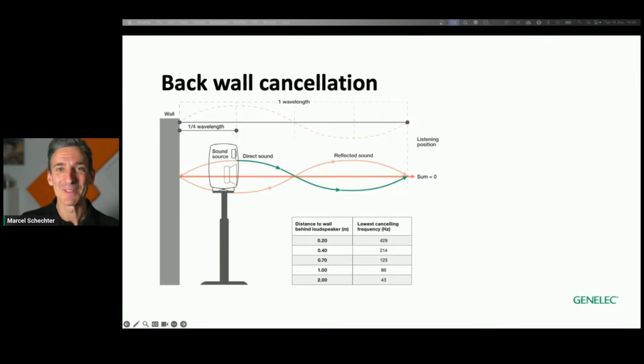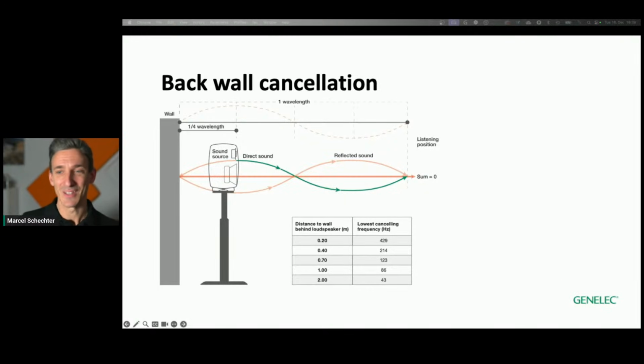Huge discussions sometimes, I know. I also know that most people would call this the front wall because you are looking at this wall, but it's the wall behind the speaker. So for us, it's the back wall. But we can discuss that. So the sound hits this wall, gets reflected, and then you have some kind of destructive summation.